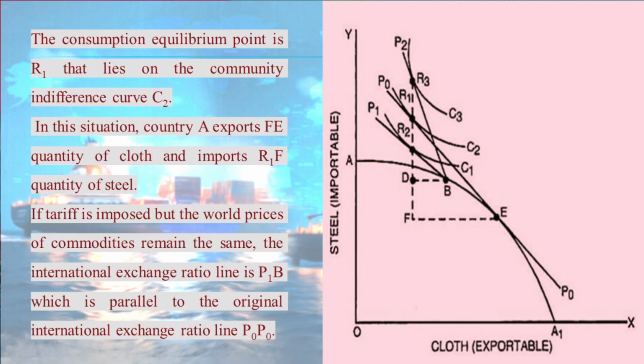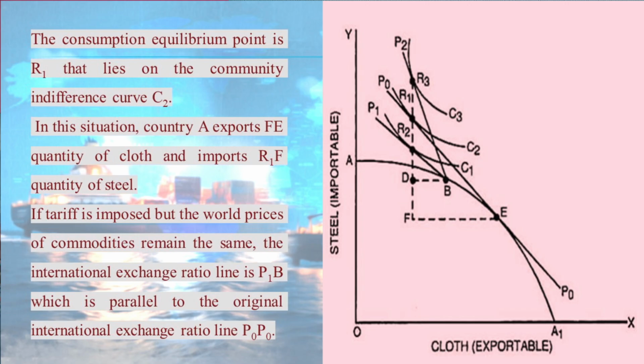Now coming to consumption, the consumption equilibrium point is R1. We can see in the diagram that at point R1 the consumption takes place and that is in equilibrium. R1 lies on the community indifference curve C2.